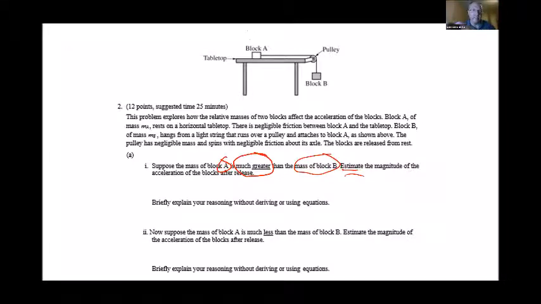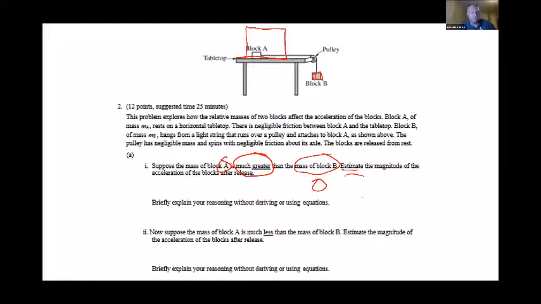So let's think of this as if A is this huge, big old block up here, and B is a little bitty tiny thing. Somebody tell me what you would estimate the acceleration to be if that was true. If A is like a concrete block and B is like a feather. Zero. Near zero. So you'd probably get a point for saying that.